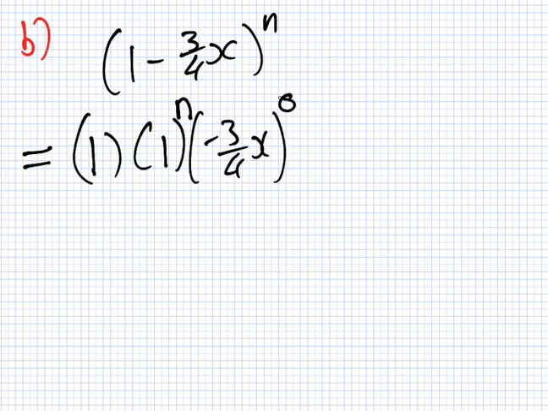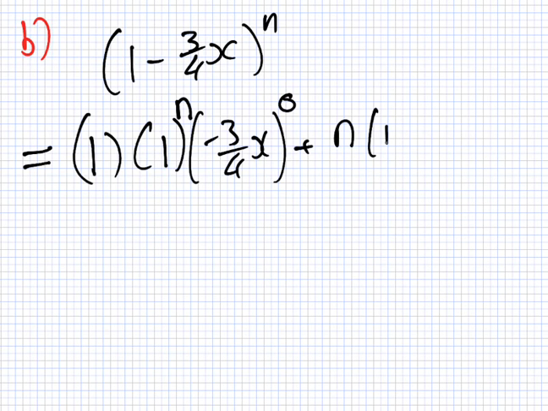So the next number is always the power. So here, power n, it should be 1, and next will be n. So on the triangle, this one here would be n.